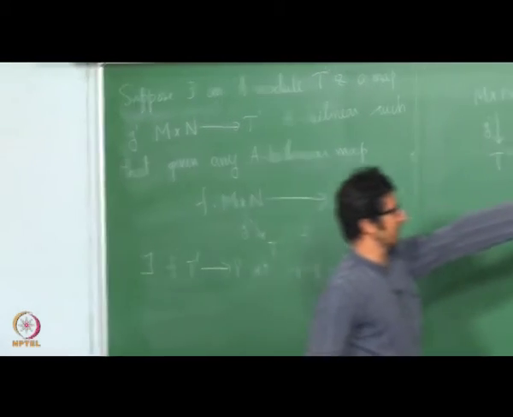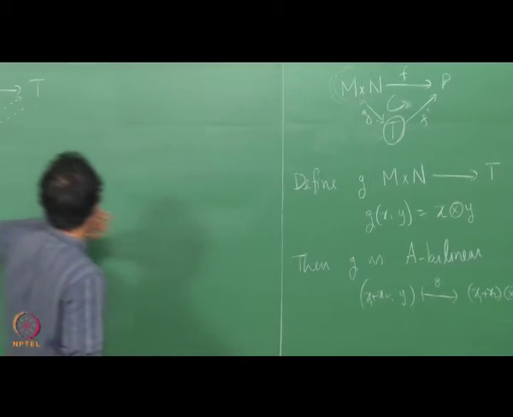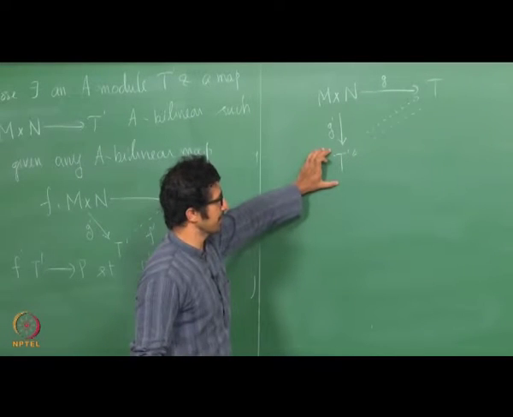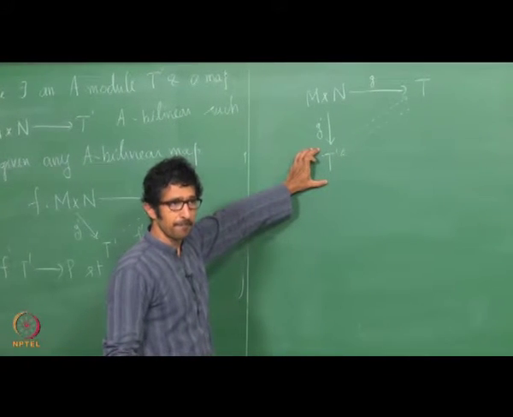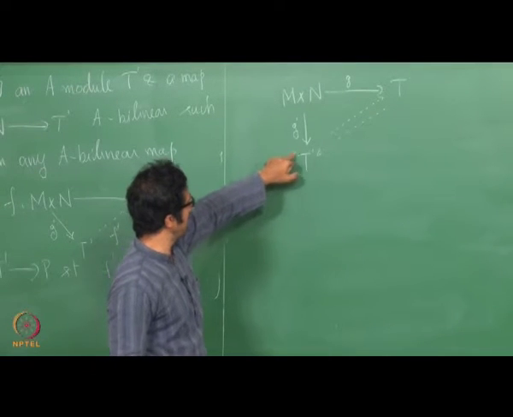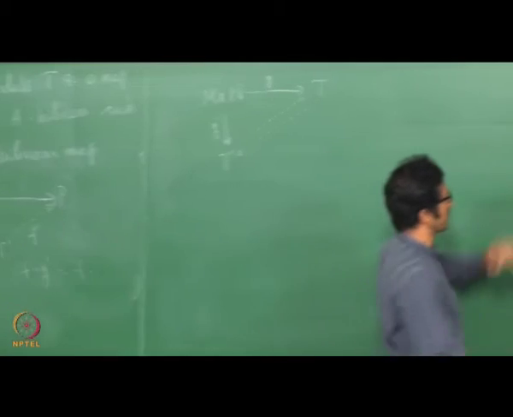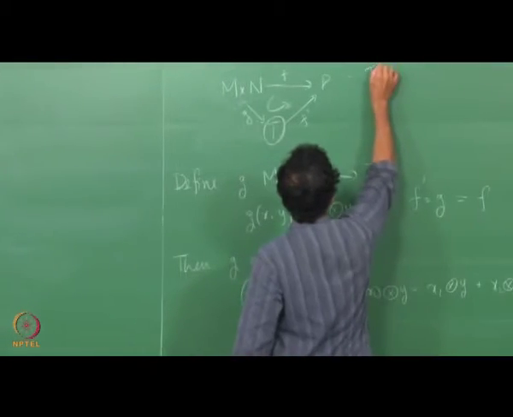So let us take what we have proved here, take this to be P. Given this G prime, I have a map from T to T prime; take P equal to T prime first.